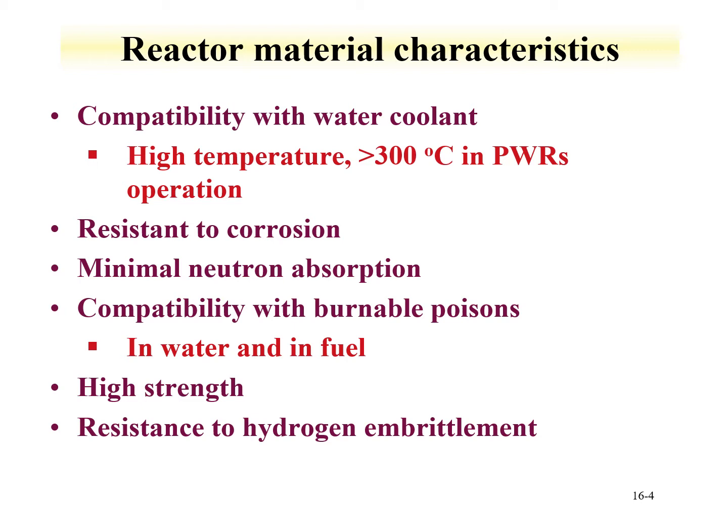They need to be compatible with the burnable poisons. So the burnable poisons are compounds that are put into the reactor to help control the neutrons. For instance, boron can be a burnable poison. These burnable poisons can be both in the water and in the fuel, depending upon the reactor type. The materials need to have high strength, and they need to be resistant to hydrogen embrittlement.